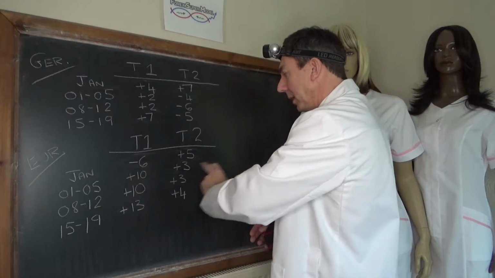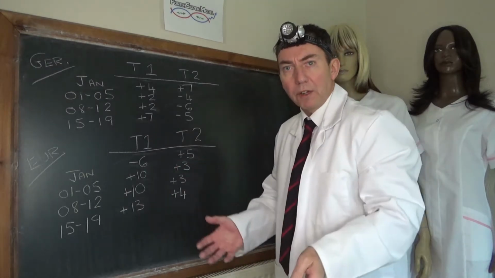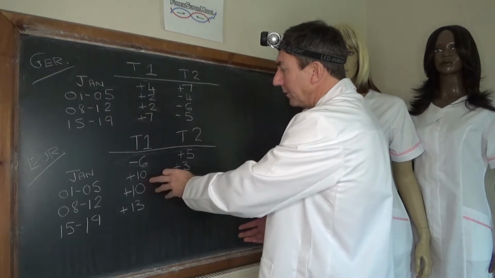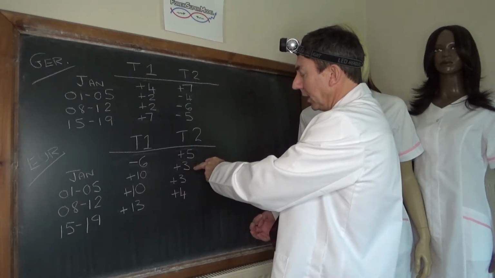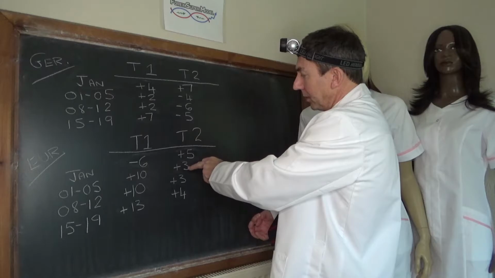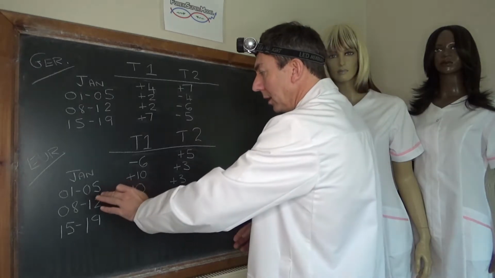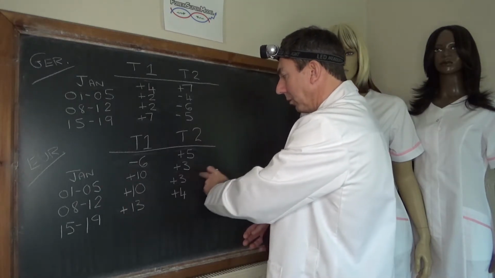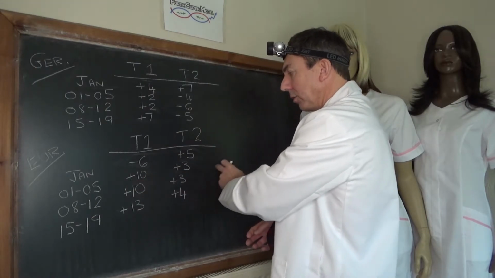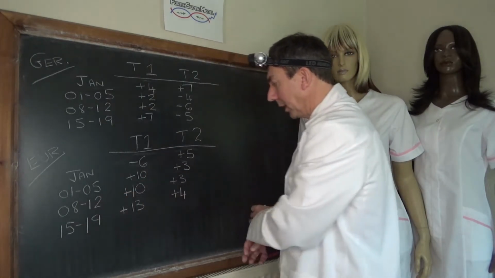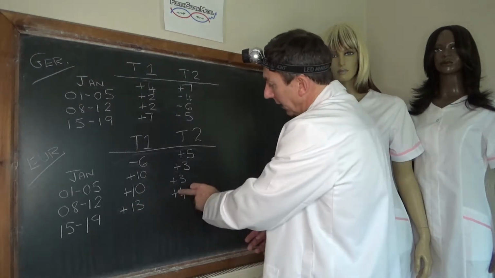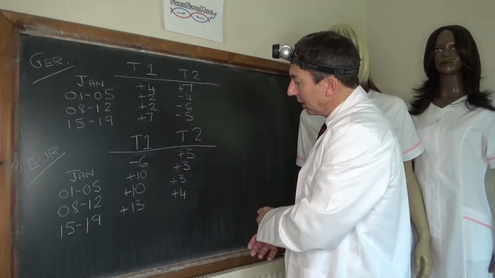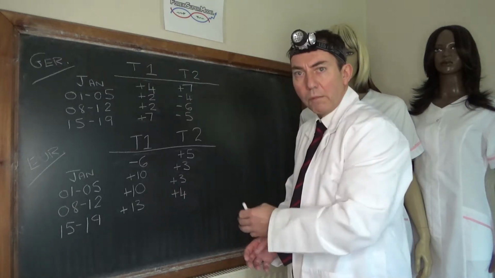First week of Feb, +10, +3, so significant improvement in tier 1, and a slight deterioration in tier 2, and then the second week we've got steady data at those levels, and this last week we've got an improvement in tier 1 to +13 and an improvement in tier 2 to +4, marginal improvement.